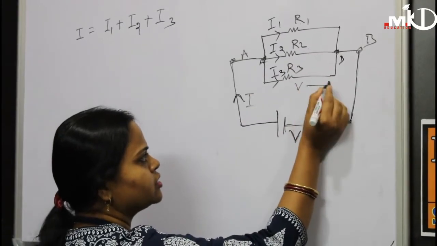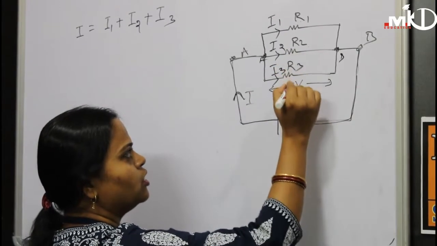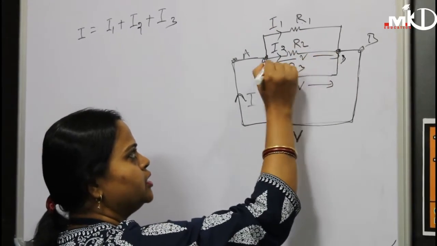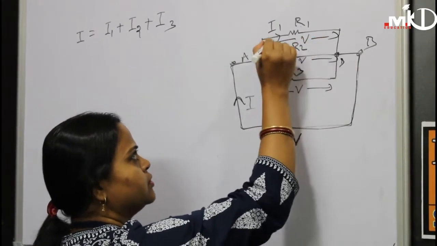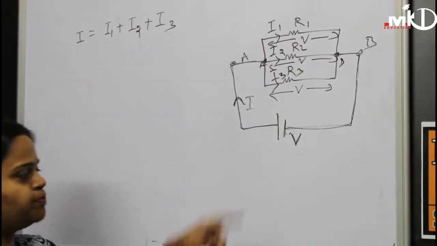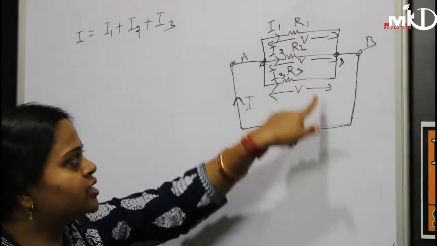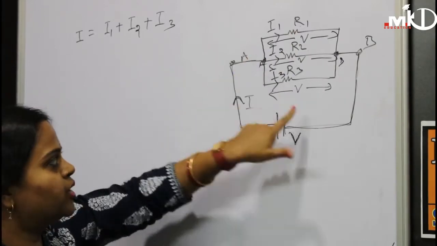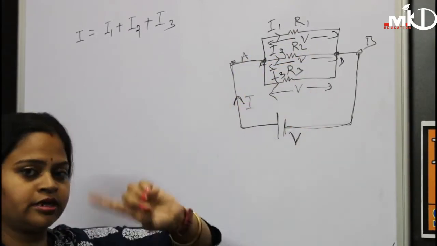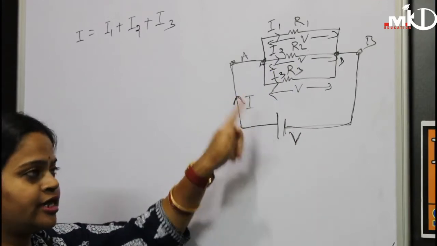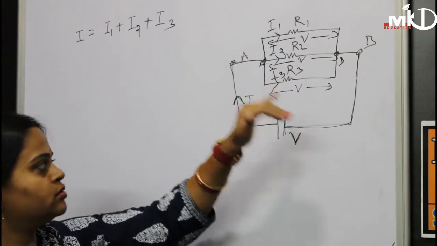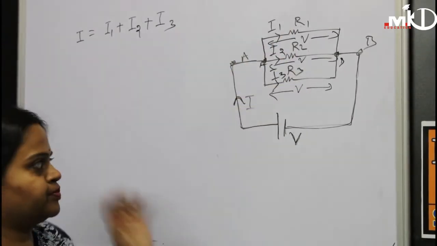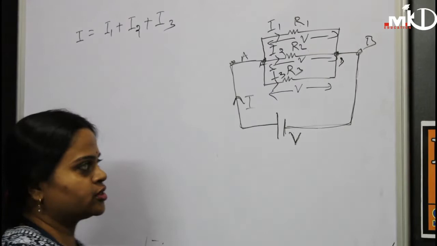In all cases the potential drop across these resistances is V, V and V. In a parallel circuit, voltage is the same, current is dividing, but voltage is the same. In a series circuit, current is the same and voltage is additive. In a parallel circuit, current is additive and voltage must be the same through all the branches.